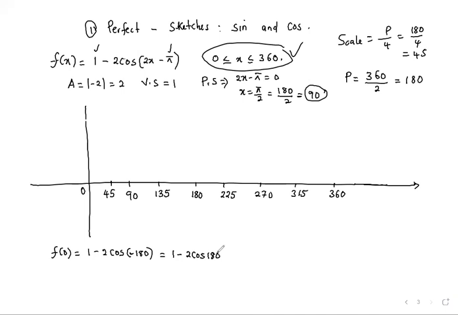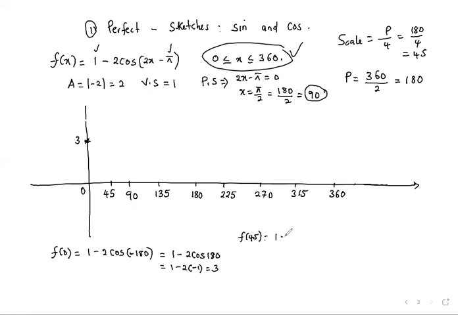So we'll have 1 minus 2 times negative 1, which is equal to 3. So 0, 3.